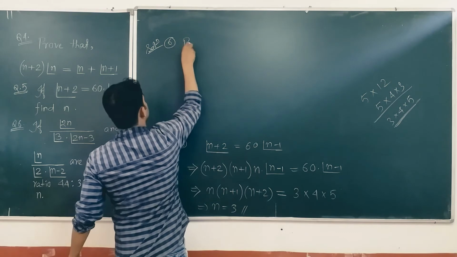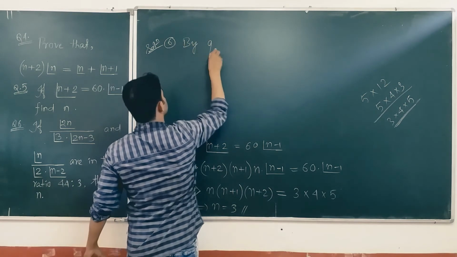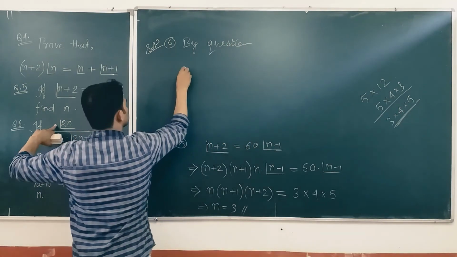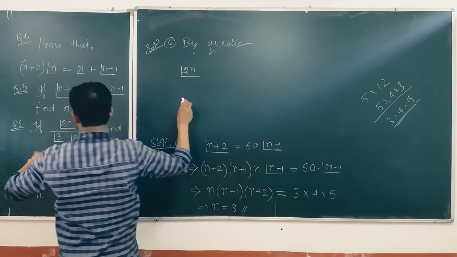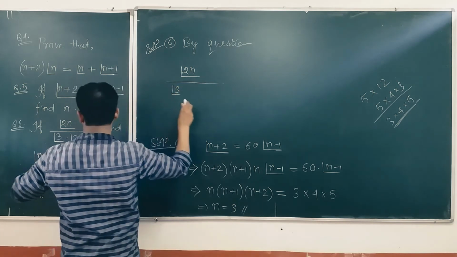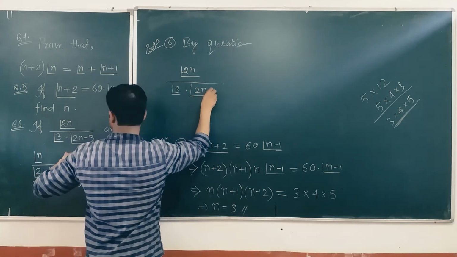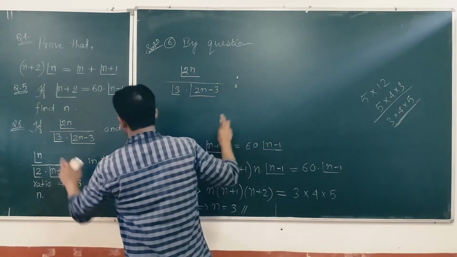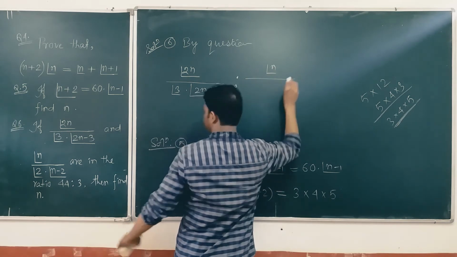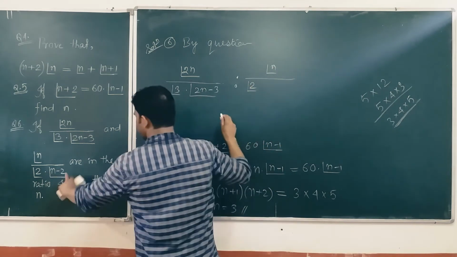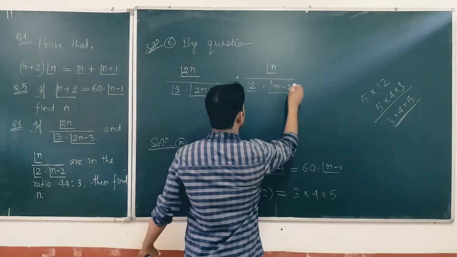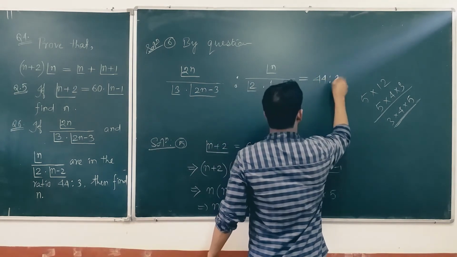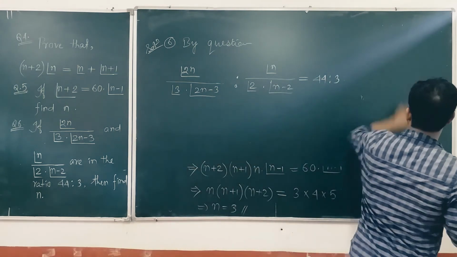So by question you can write: twice n factorial divided by 3 factorial into twice n minus 3 factorial, is to the second one, factorial n divided by 2 factorial into n minus 2 factorial, equals 44:3. This is our given expression.